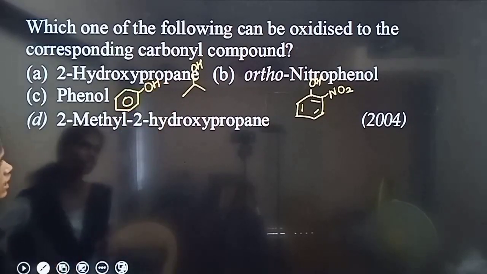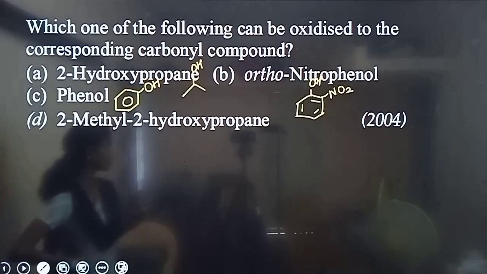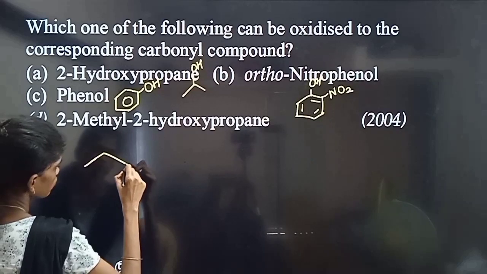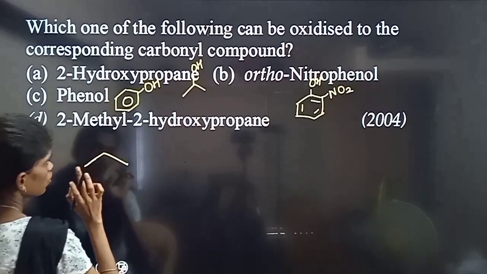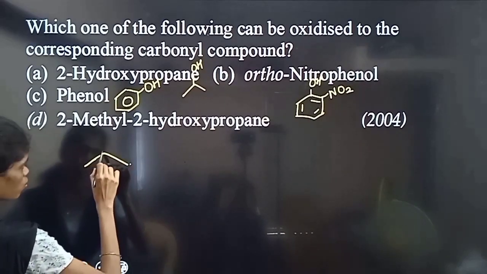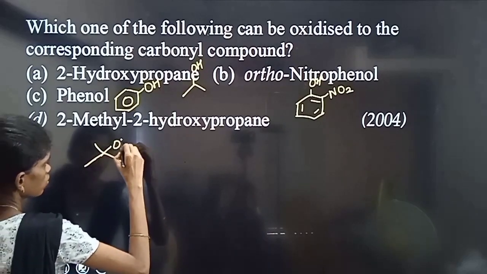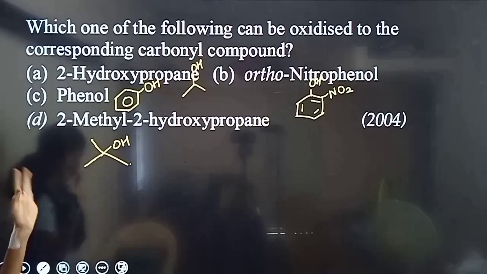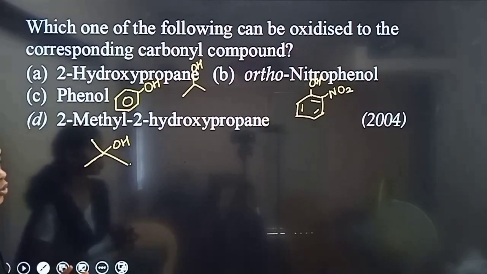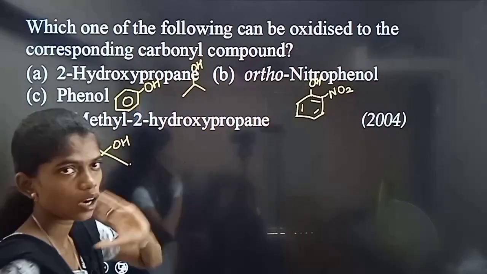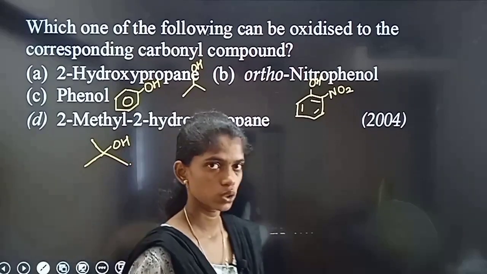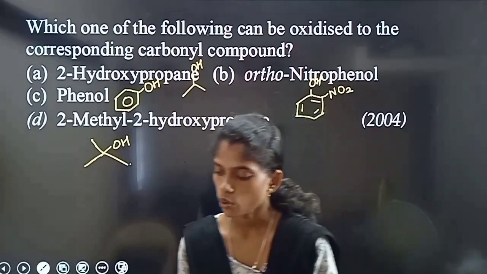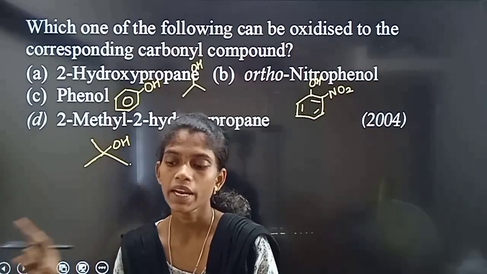Option D is 2-methylpropan-2-ol. Looking at all of these, phenol and orthonitrophenol cannot be oxidized to carbonyl compounds. We know that. So we should compare option A and option D.